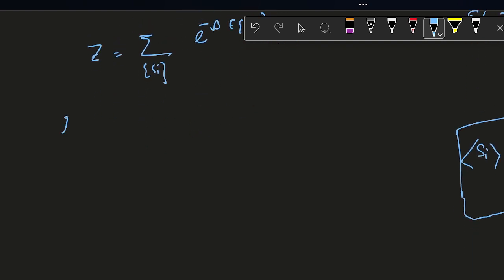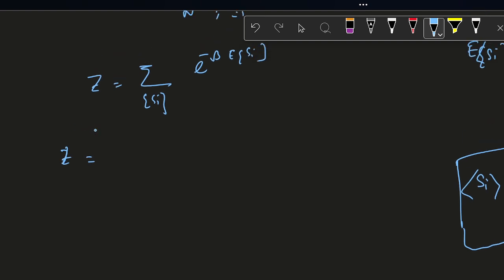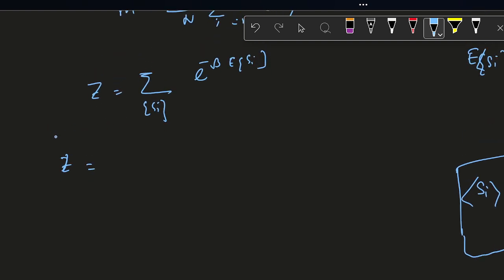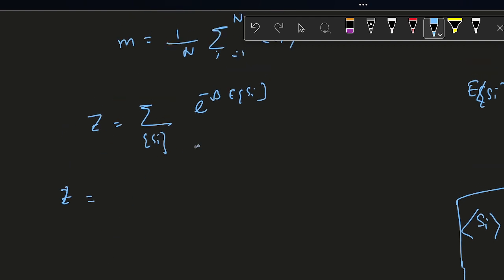So if that is the case, then this Z can actually be written as, basically we are taking a sum over all possible spin configurations, right? So let us say if your spin configuration goes like this, then this is e to the power of minus beta E for one type of spin configuration s_i, and then the second type of spin configuration we can write as, let's say, s_i prime, and it goes like this.